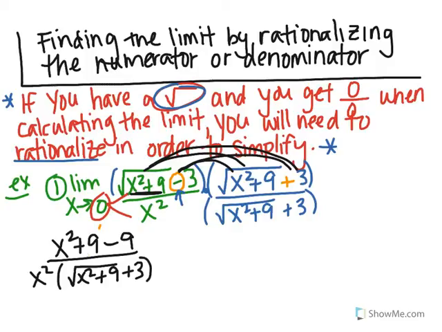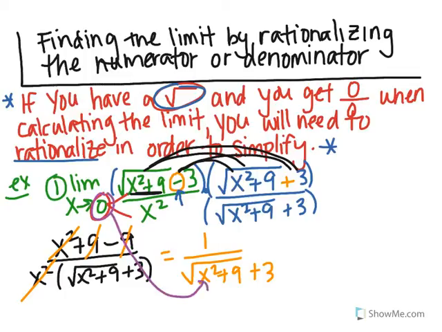You'll notice conveniently that the 9's cancel, and then the x squareds will also cancel. So I'm basically left with 1 in the numerator, and then I have the square root of x squared plus 9 plus 3. Now at this point, I'm going to try to plug in 0 to see if I can actually calculate the limit. When I plug in 0, I get 1 over the square root of 0 squared plus 9 plus 3.